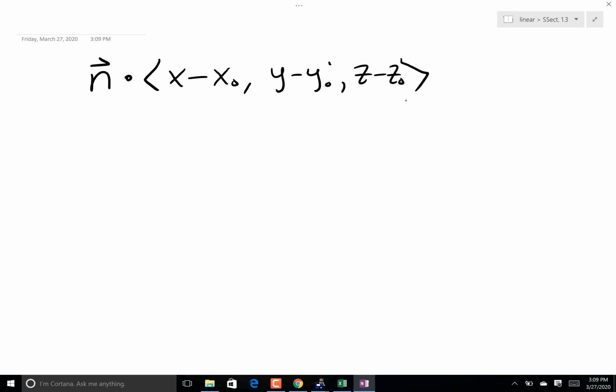Okay? And that's how we wrote that equation. Or something along those lines, right? Where the x, y, and z components are, of course. So this is n, obviously.